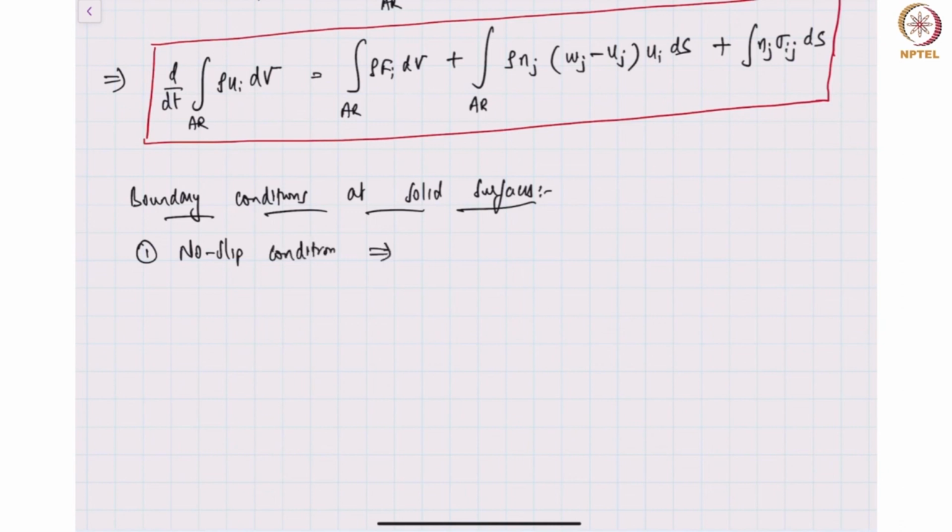And no slip condition would mean that if you have a boundary, then the tangential velocity along the boundary is 0. Therefore, you would say u dot t is 0, where t is the tangent to a solid boundary.